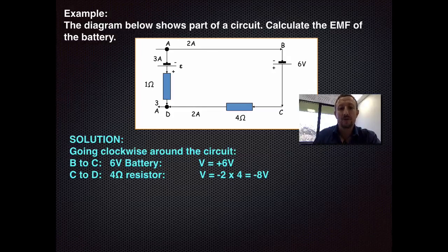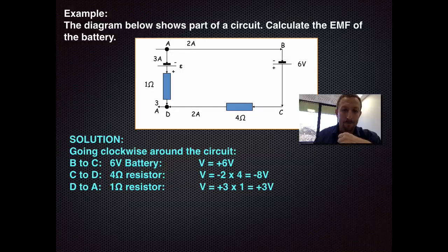I'm now going to go through the resistor in D and A. Now you'll notice in D and A I've got a resistor and then I've got a battery. So let's have a look at that. So going from D to A, let's look at the 1 ohm resistor. Now I know there's 3 amps of current going through the resistor, and it's got a resistance of 1 ohm. Now I can calculate the voltage, V equals IR, by 3 times 1.